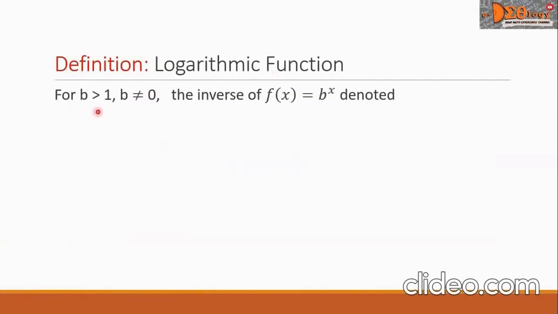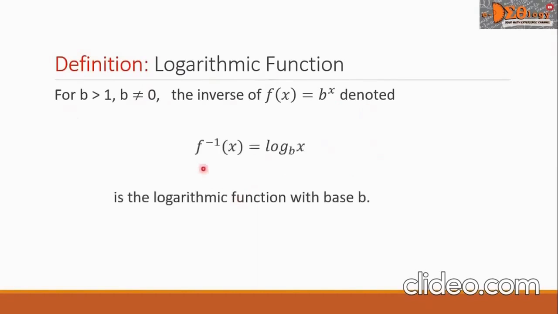For b greater than 1, where b is the base and b is not equal to 0, the inverse of f of x equals b raised to x, which is an exponential function, denoted by f inverse of x equals log of x base b, is the logarithmic function with base b.